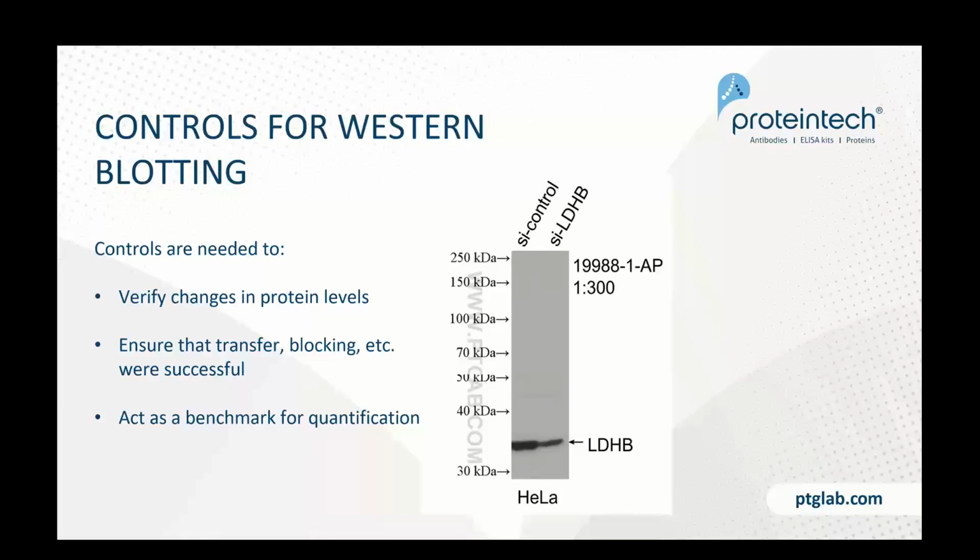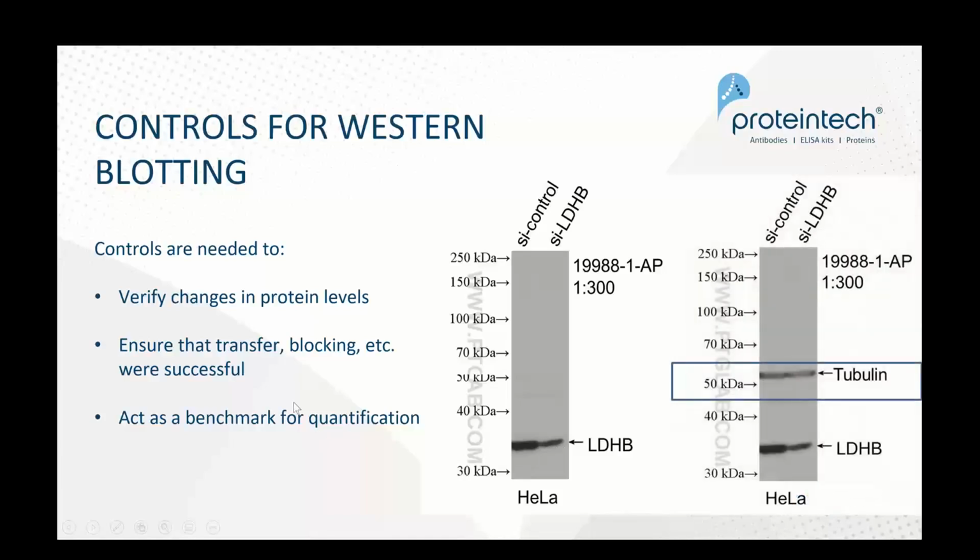It may mean that you didn't load as much protein in that one. And later, if you want to quantify, you can't really say if this one's much lower than this one because there's no benchmark being used.